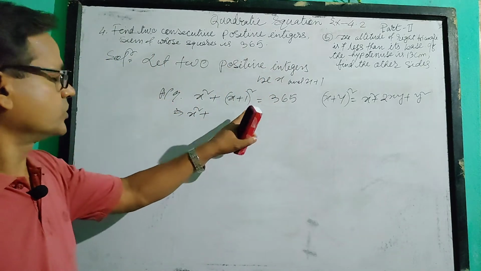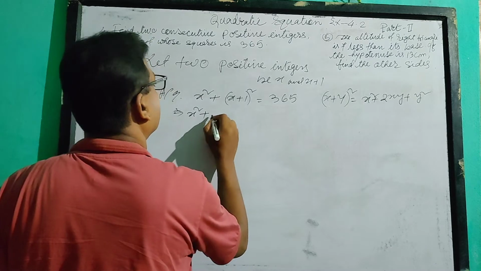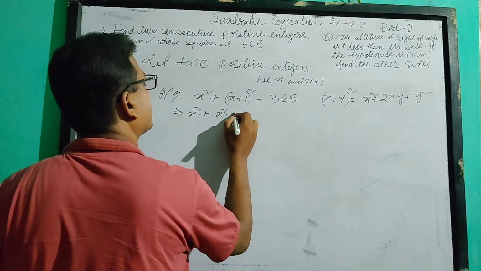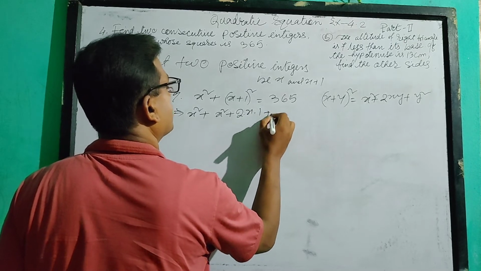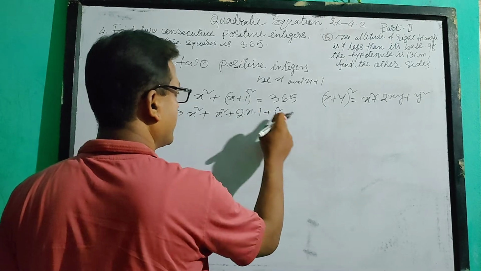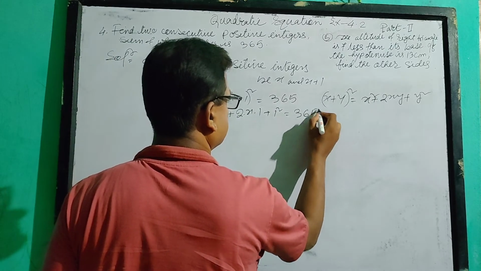So here also you expand it. That is first term square plus twice first term, second term plus second term square, 1 square, is equal to 365.